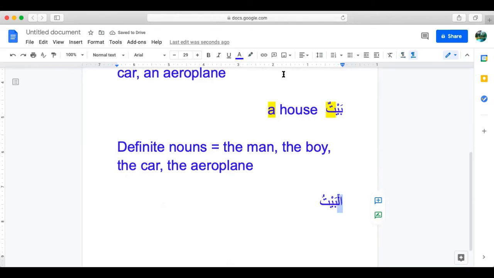Here in al baytu, we got the al to make it definite, and we also have one vowel at the end. So you've got to remember that in Arabic, either you have two vowels at the end with no al, but as soon as you have al, it takes away one vowel. You can't have al and two vowels. So you can't have al baytun.